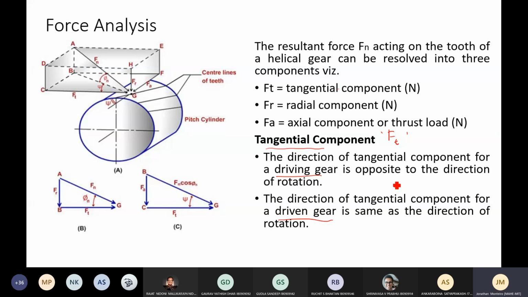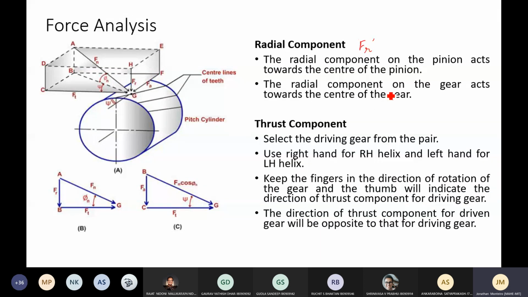Again, just continuation of this. The radial component Fr on the pinion acts toward the center of the pinion. Radial component of the gear acts toward the center of the gear, again with respect to the shaft, if you want to consider this.